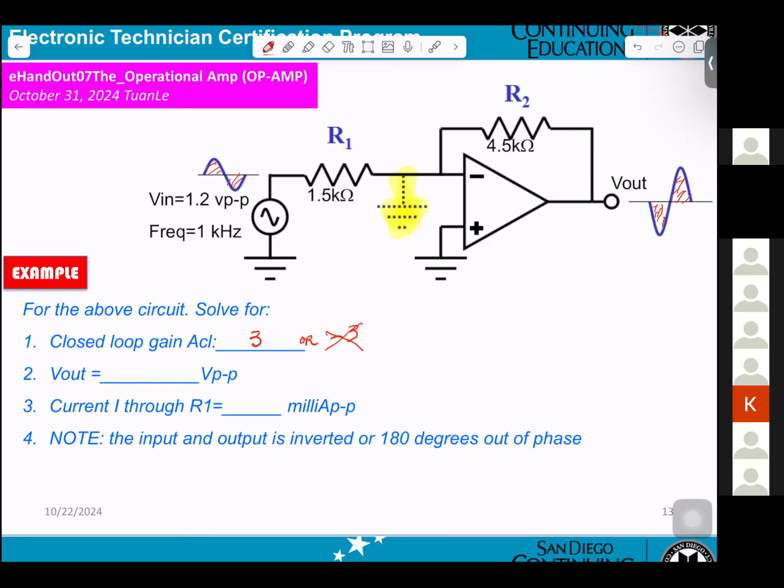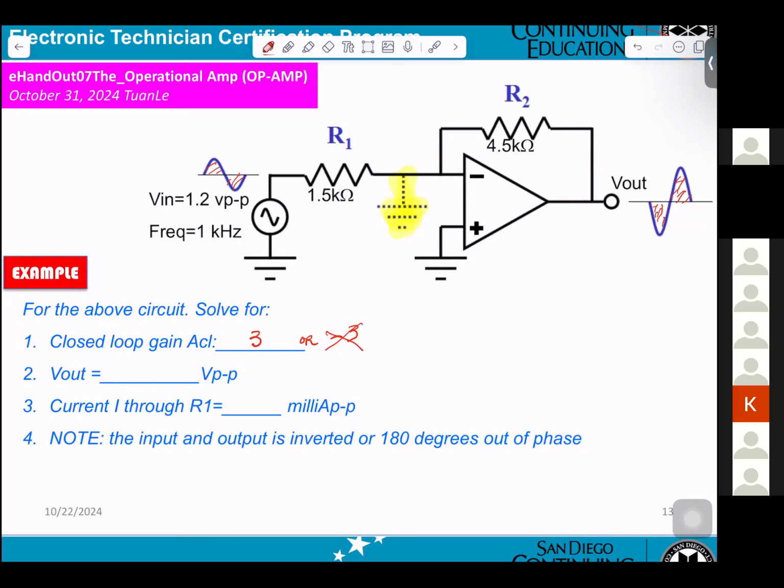You know they will be opposite and they will be varied. So the gain will be 3. And what do we get for V out?